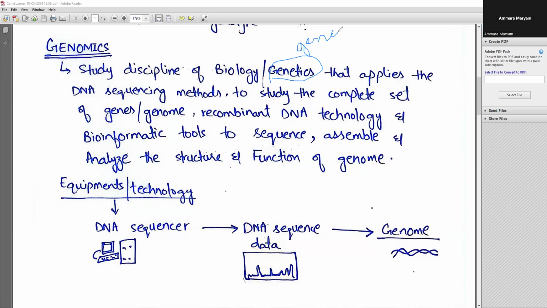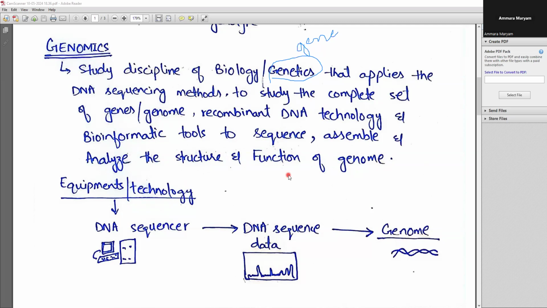It applies DNA sequencing methods and recombinant DNA technology, and also makes use of bioinformatic tools to sequence and assemble the huge amount of data, and then analyze the structure and the function of the genome.